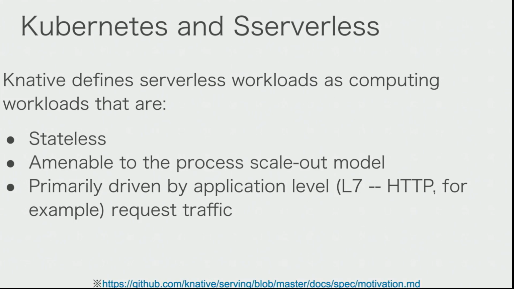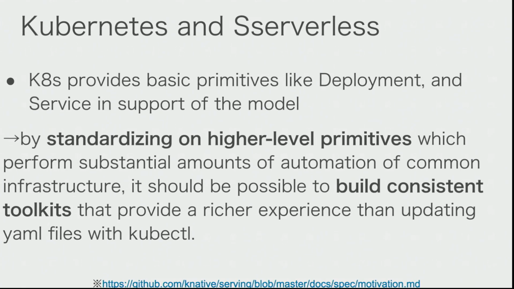Knative defines serverless workloads as computing workloads that are stateless, amenable to the process scale-out model, and primarily driven by application-level request traffic, not by resource consumption. Knative thinks of Kubernetes as below, and Kubernetes provides basic primitives like deployment and service in support of the model.